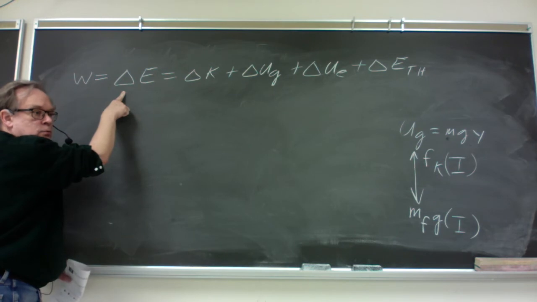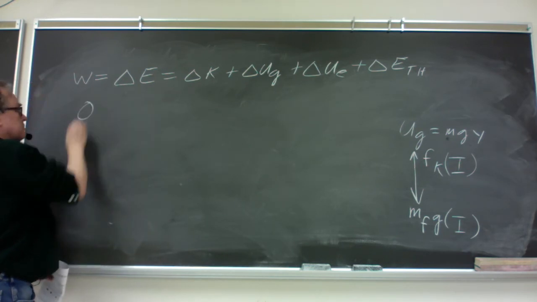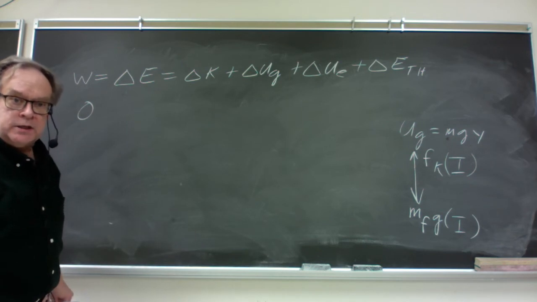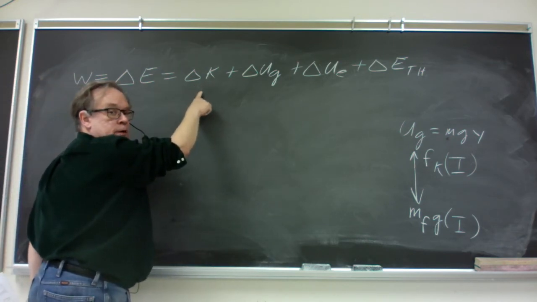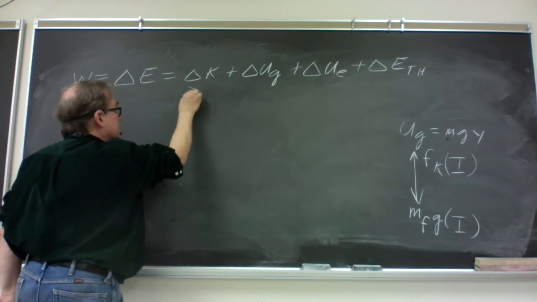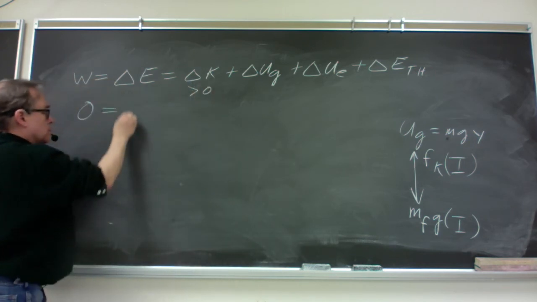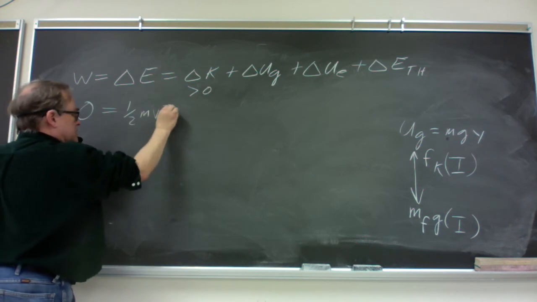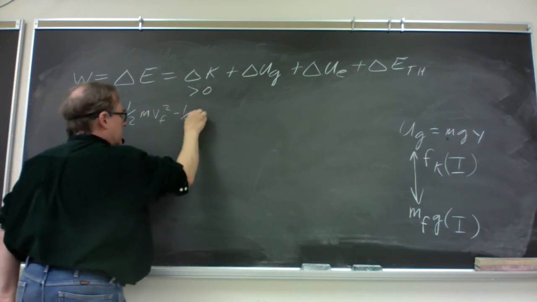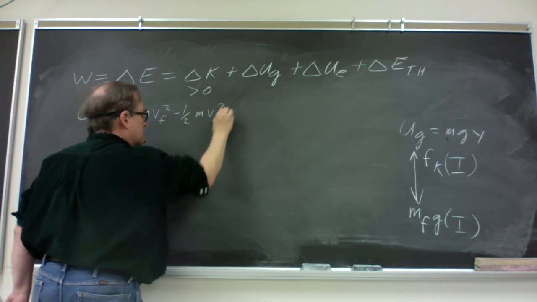We know that the grand total change in the total energy of the system was 0, so we'll call it 0 instead of delta E. We know there was a change in the kinetic energy. Kinetic energy increased, so there is a difference between 1/2 mass final velocity squared minus 1/2 mass initial velocity squared.